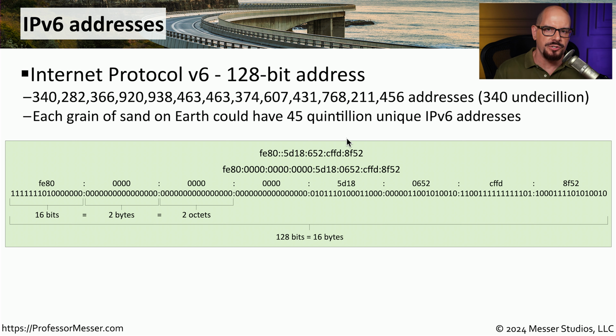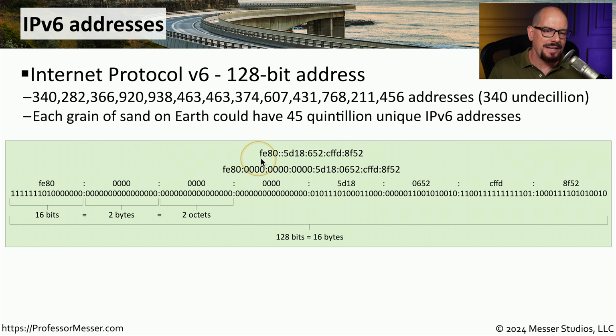There are a number of differences between an IP version 4 address and an IP version 6 address. This is an IP version 6 address, FE80::5D18:652:6FFD:8F52.